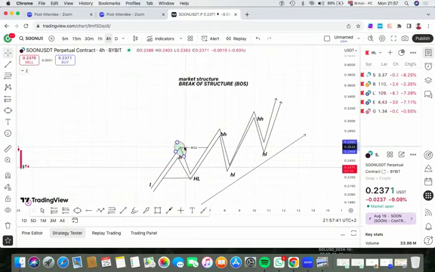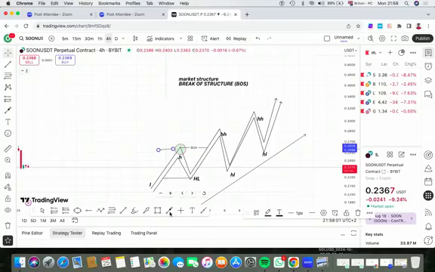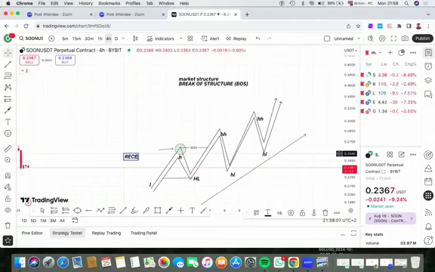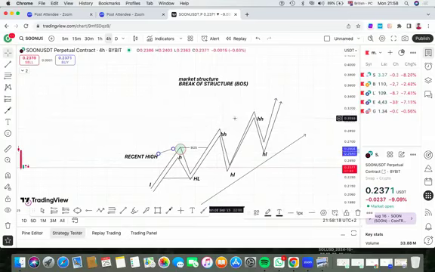So here we label it as the recent high. You know why we call this a recent high? Because we have a new high. This is our new high in the market.